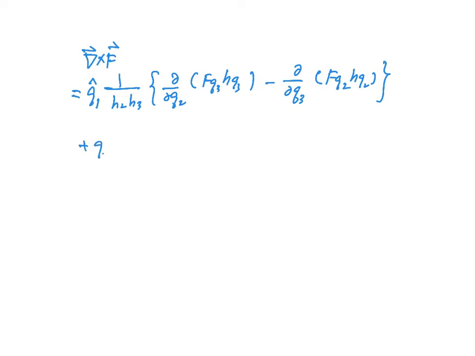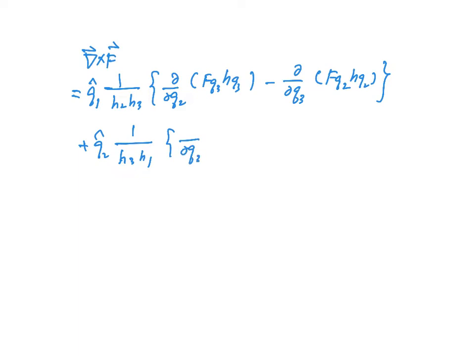Plus Q2. 2, 3, 1. That's positive direction. So that's the easiest way to remember 3, H1.